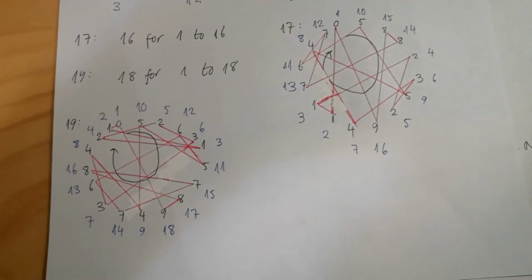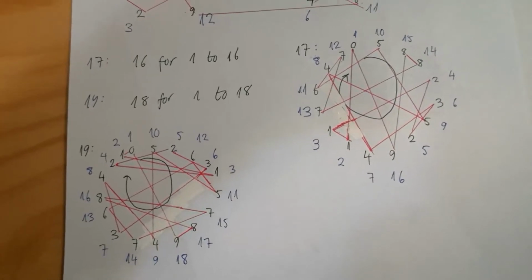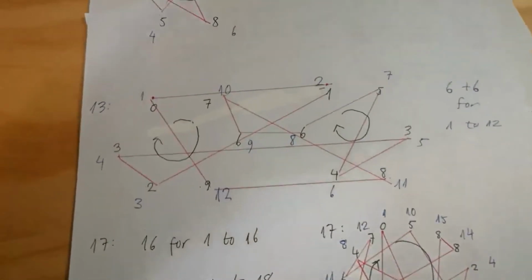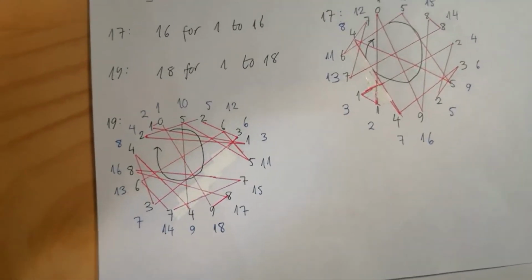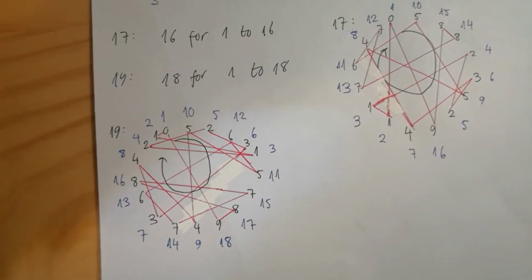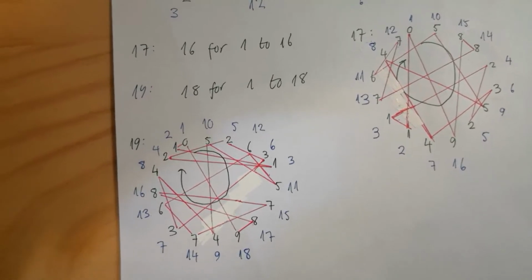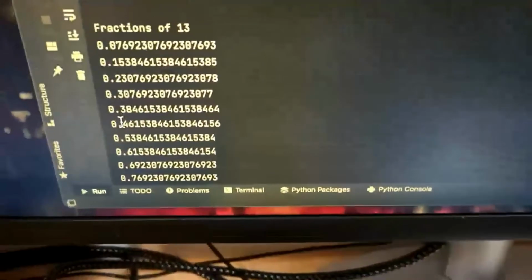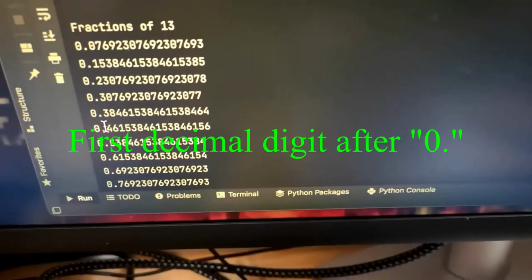Okay, so I've connected all of these numbers in consecutive order. If you follow the path of these red lines, you're going to get the sequence of starting numbers as listed here. You can see the first column of numbers.